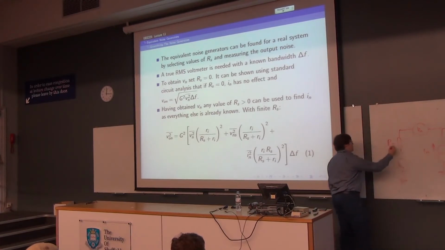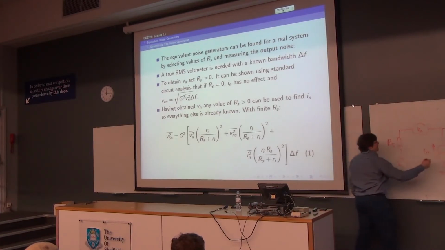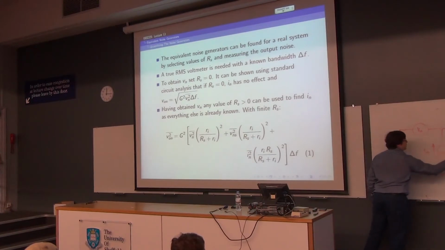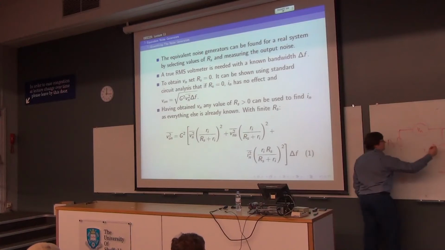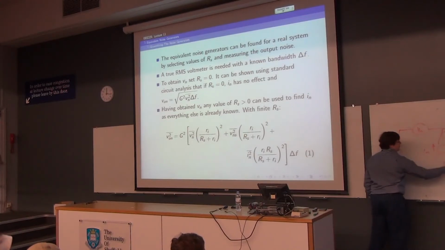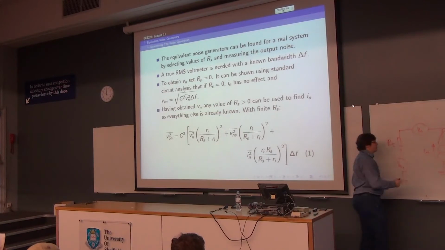This is Rs. In the case where Ri did exist, some noise current can flow out of the noise current generator through there and make a voltage at the input of the amplifier, and that will get amplified. And the other thing that the noise current generator can do is flow through Rs into the ground like this.